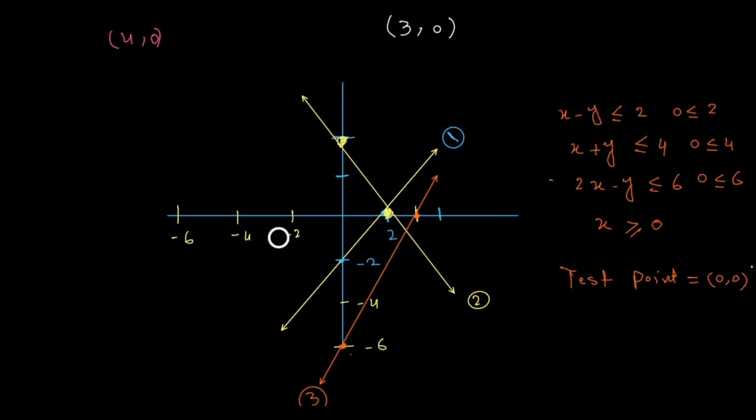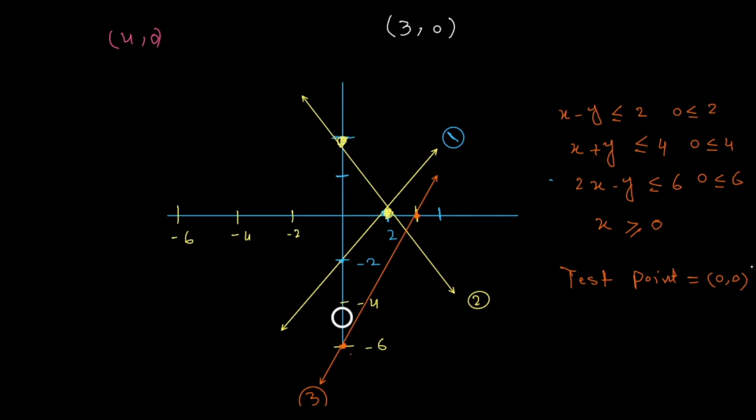And x is positive, x is greater than or equal to 0, means x is equal to 0 on the y-axis. The y-axis is the line where x is greater than or equal to 0.